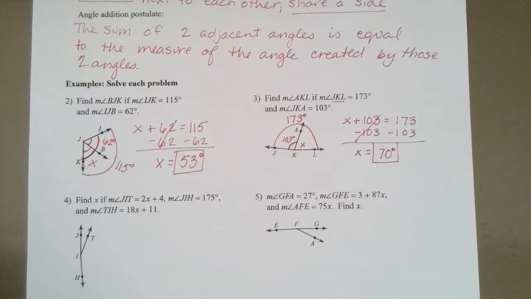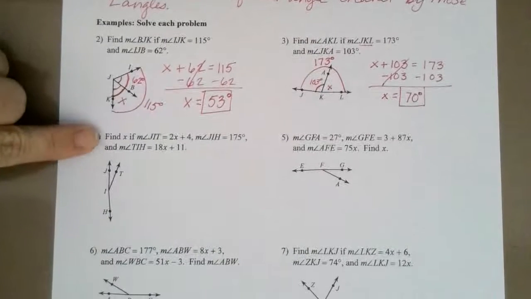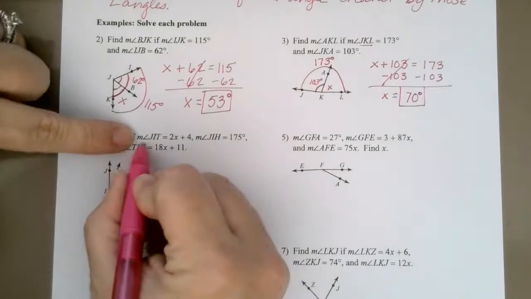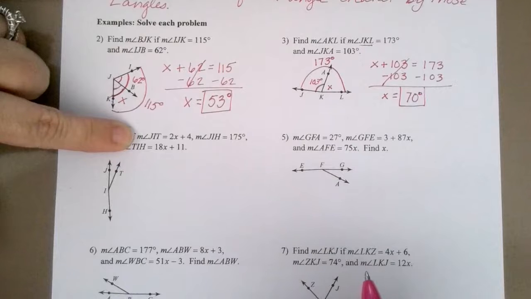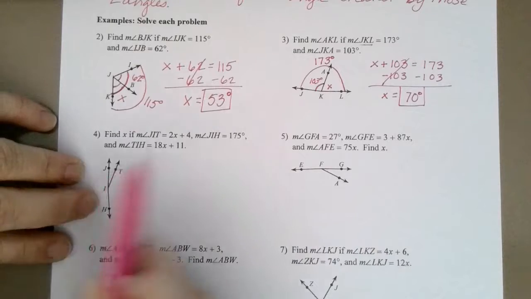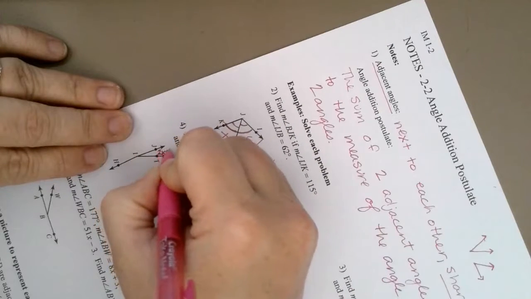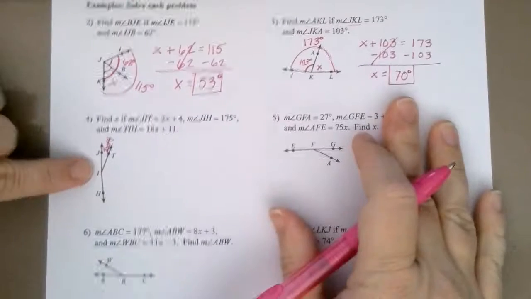Now, X isn't always going to be the measure of an angle. And we'll see that coming up actually in this next problem. This one says, find X if the measure of angle JIT, which angle is JIT? It's the little one right here, correct? It's 2x plus 4. So I'm writing 2x plus 4 right there.